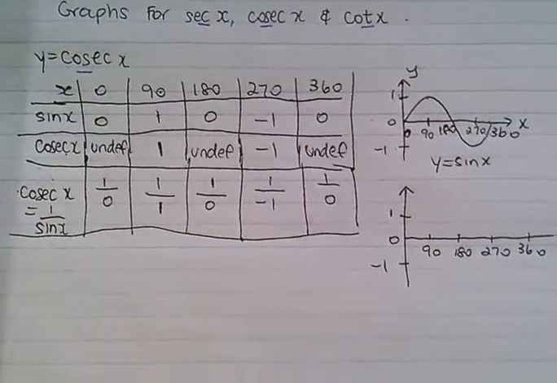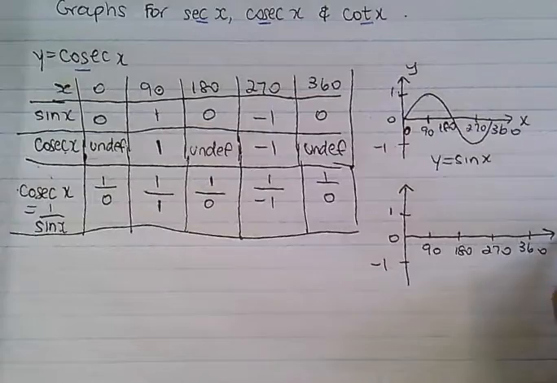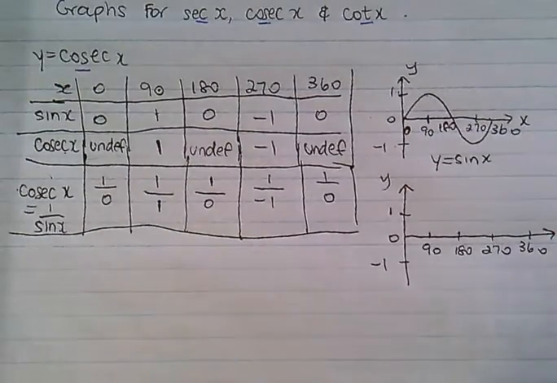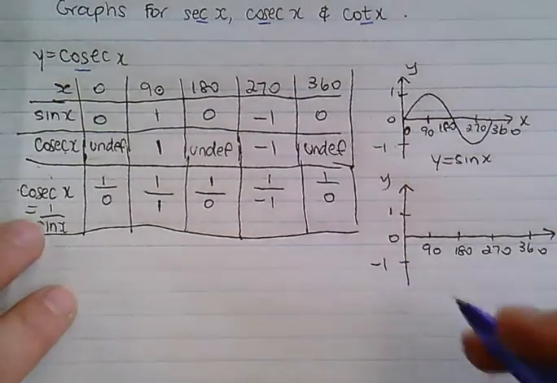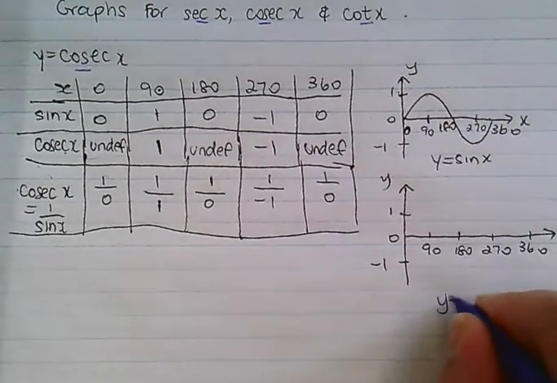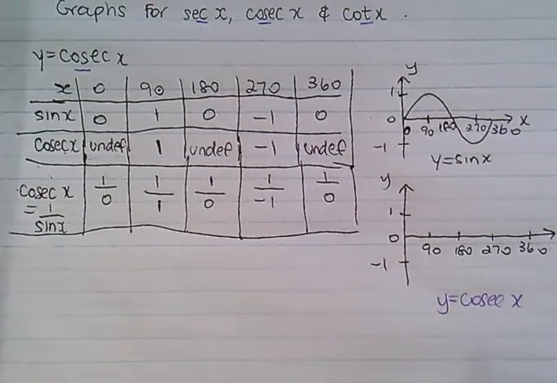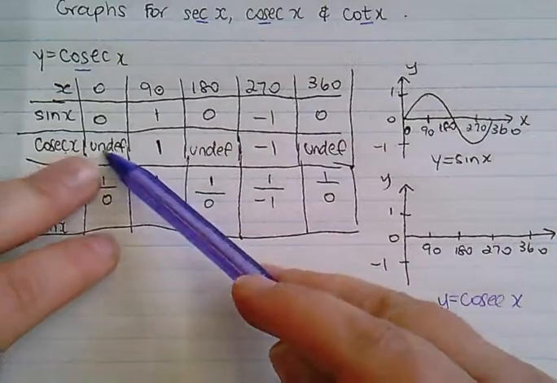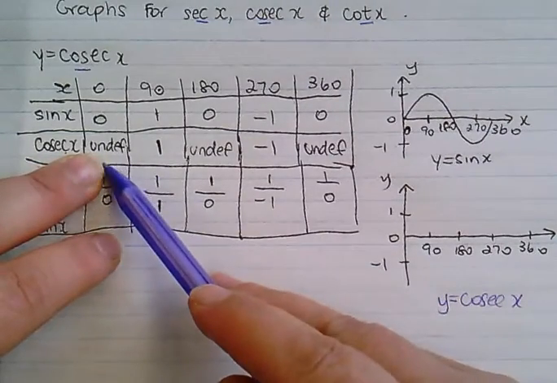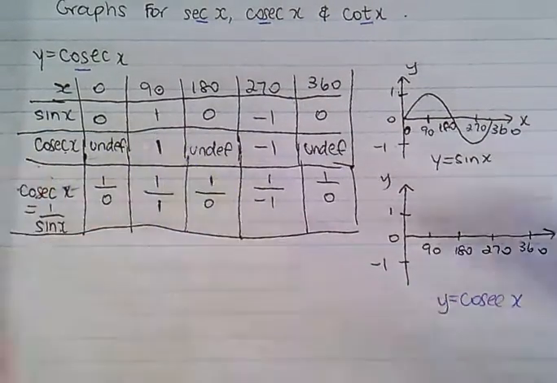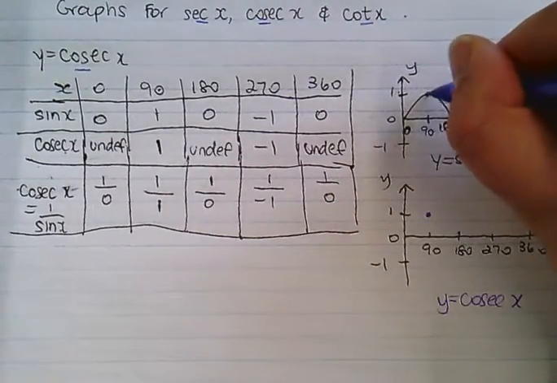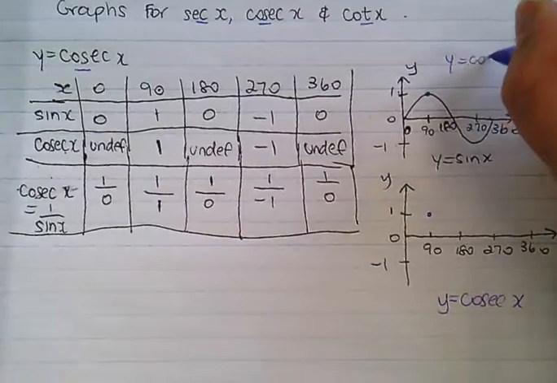Sorry, I should have made it the same size as the other one, but it just didn't happen. So this will be the graph of y equals cosec x. Cosec of 0 is undefined. Let's just not draw it in at the moment. Cosec of 90 is 1. Now, what actually happens, I'm going to draw it up here too. Okay, I'm going to draw it off this one.